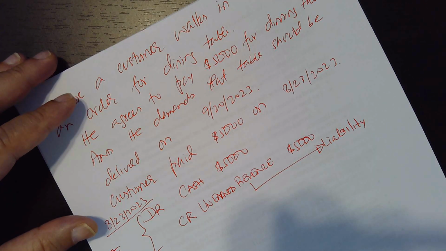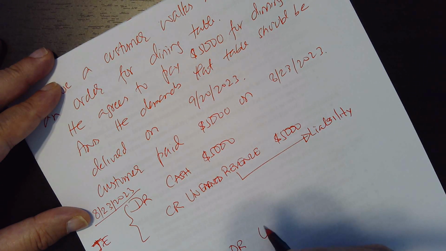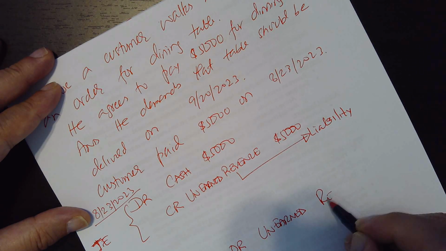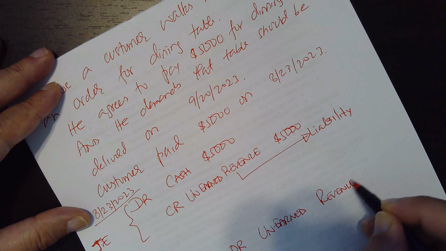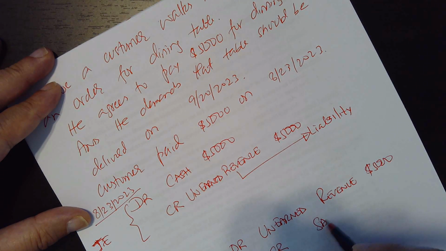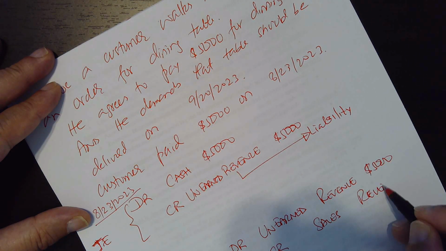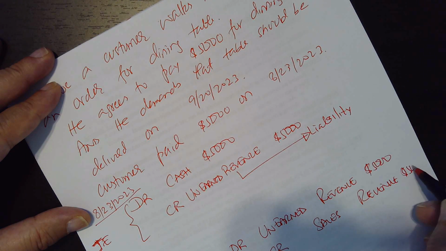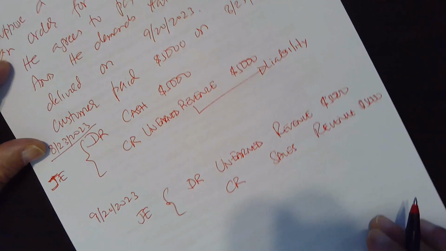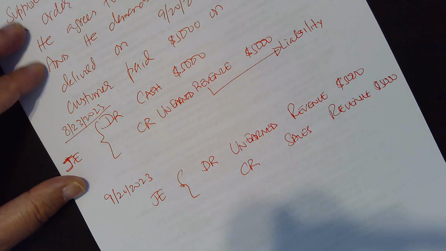The customer does not have to pay you anything, but you have to make a journal entry and say debit unearned revenue for $5,000 and credit sales revenue for $5,000. So today you are recognizing the revenue because you have earned the revenue.